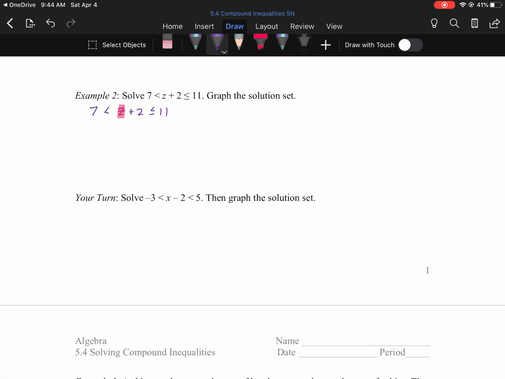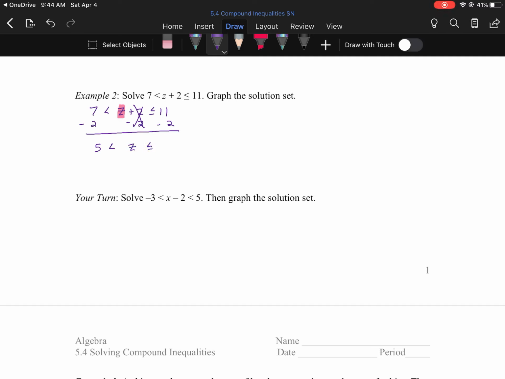All right, so my z is right there in the middle, so I still want to get that by itself. So to get that by itself, I would need to subtract 2. But now I don't just have one side of my equation, I have two sides. So I need to subtract 2 from all three places. I need to subtract the 2 to eliminate it with the z, and then I need to subtract it to the right side of the inequality and then to the left side.